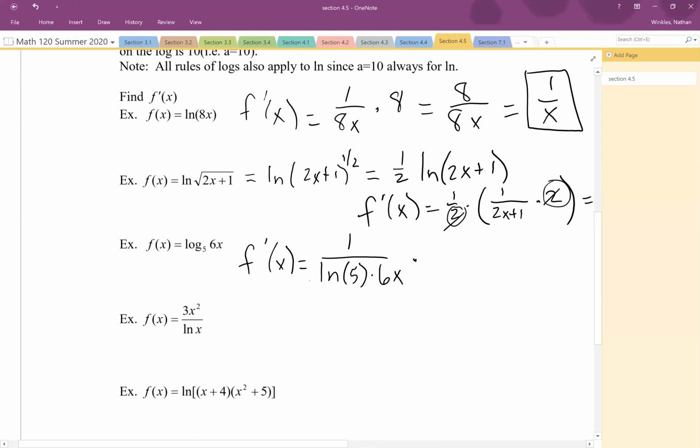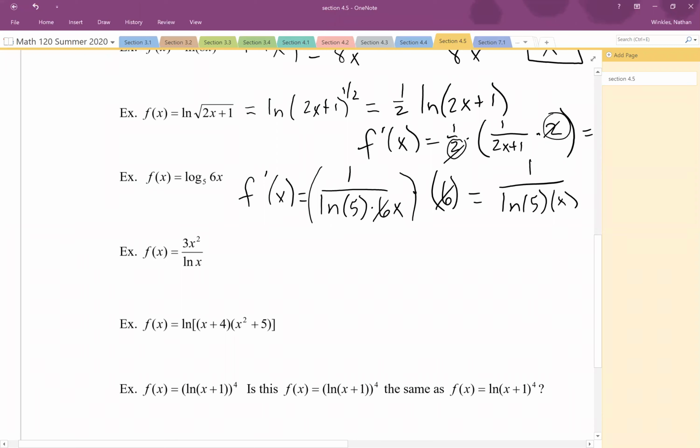Then this whole thing is times the derivative of 6x, which is 6. So this is going to give us 1 over the natural log of 5 times 6. Oh, sorry, not times 6, times x, because the 6's cancel each other out.